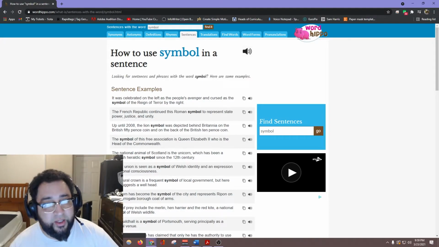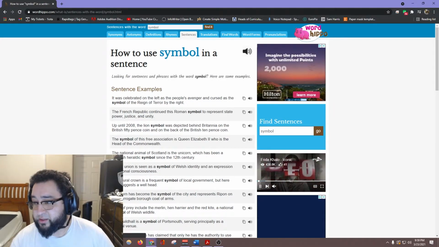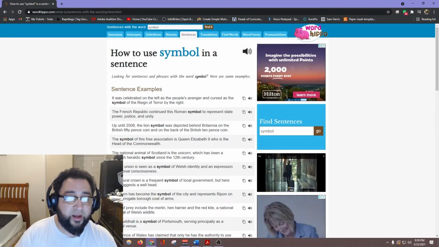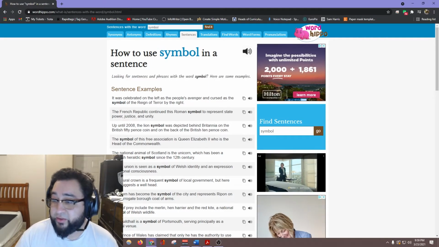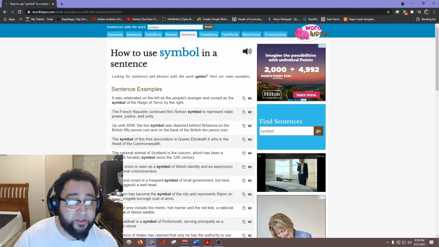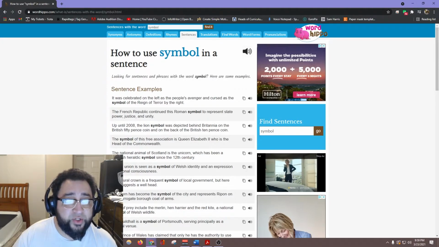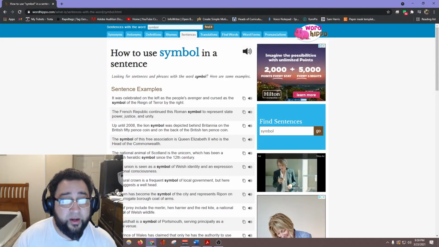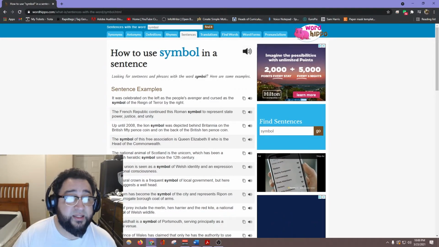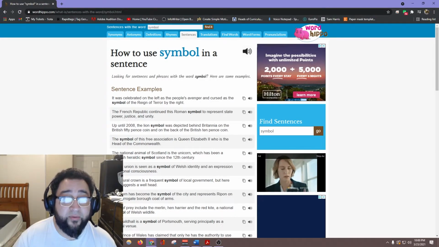If you want to, you can actually use it in a sentence. You go to Wordhippo and you type symbol, and it'll give you examples of how to use the word symbol. Here's one example: it was celebrated on the left as the people's avenger and cursed as the symbol of the reign of terror by the right.